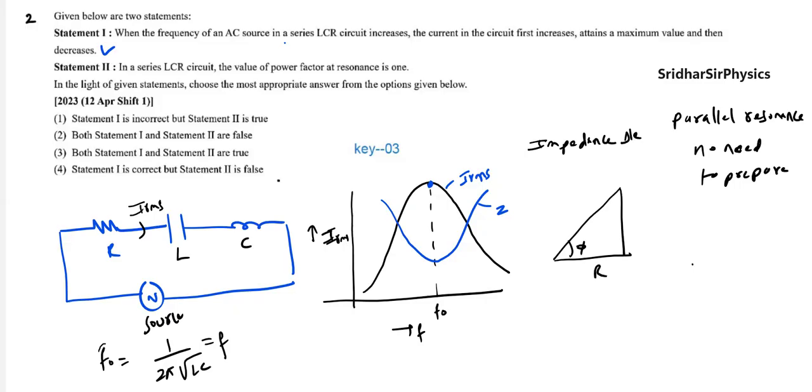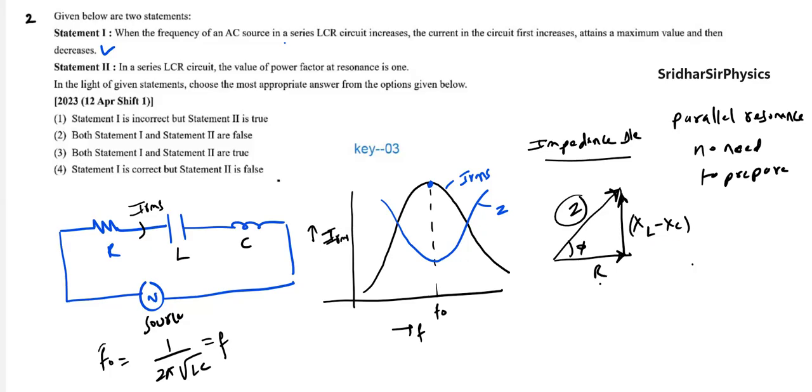Impedance triangle, this is R, this is XL minus XC, and this is Z. यहाँ पे आपको तीन ट्राइंगल मिलेंगे, एक वोल्टेज ट्राइंगल, इंपिडेंस ट्राइंगल और एक पावर ट्राइंगल. हम जो बात कर रहे हैं, आप इंपिडेंस ट्राइंगल प्लॉट कर रहे हैं. This is called impedance, this is resistance, this is called reactance.